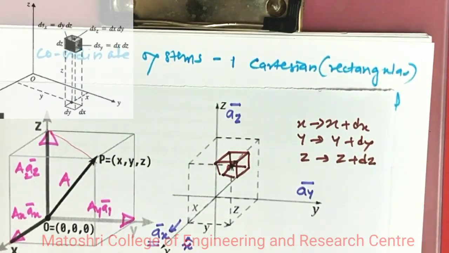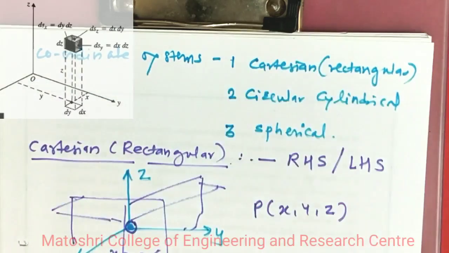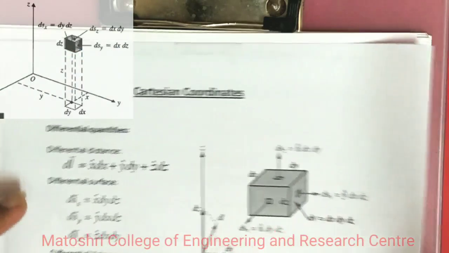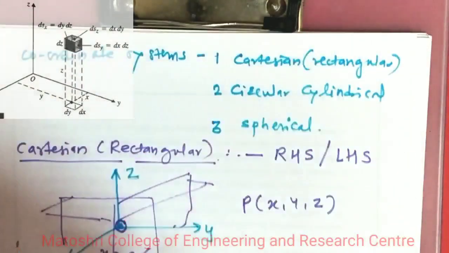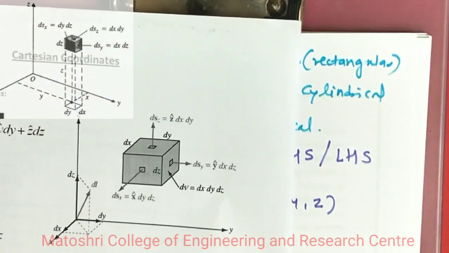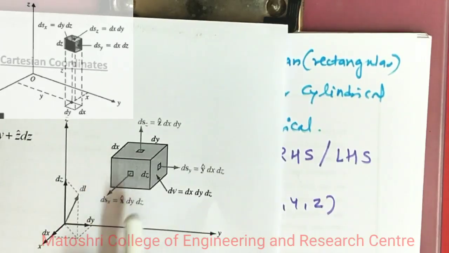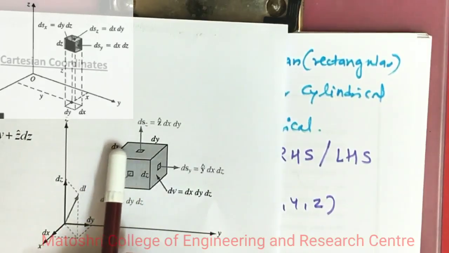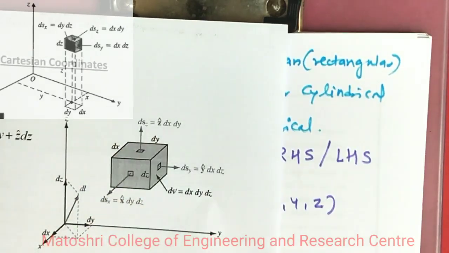Now as you have the differential volume, where the x variation is dx, y variation is dy, z variation is dz, this is how we are able to express the differential volume first. The differential volume is the small differential variation along the x, y and z axis, that is the height. This is the dz variation, dx variation, dy variation.